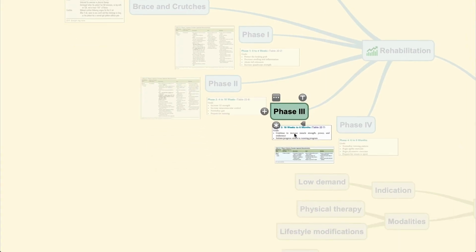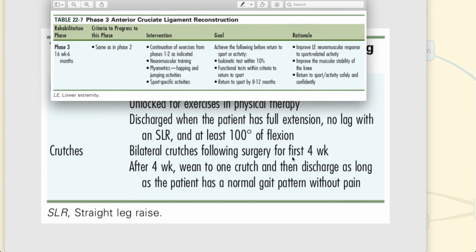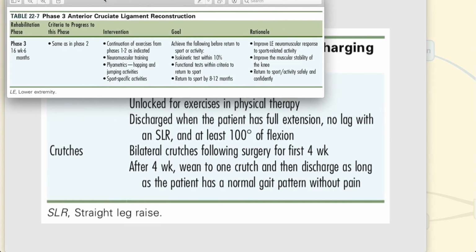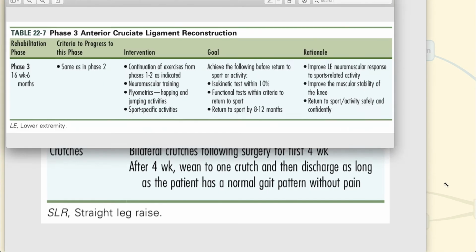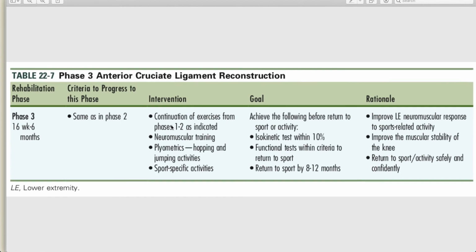phase 3, where things are focused on the training of the neuromuscular system. So you need to continue exercise from phase 1 and 2, but here we already add some neuromuscular training and also plyometrics, which includes activities such as hopping and jumping.